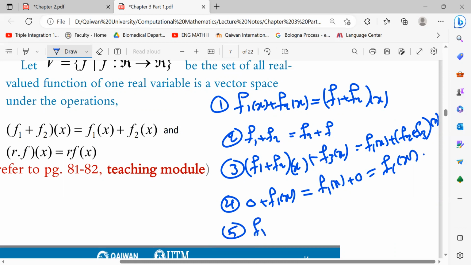We say f1 of x plus minus f1 of x is equal to 0? Of course. You must show that also. Minus f1 of x plus f1 of x is 0. In both cases, you must get 0. Any function adding to the same function in opposite sign is 0.